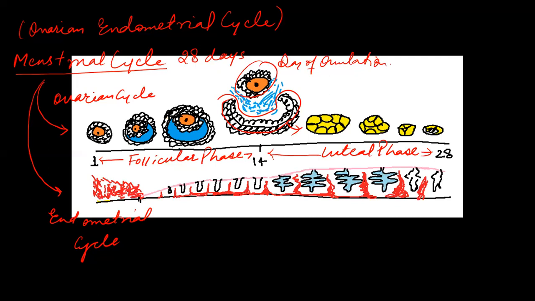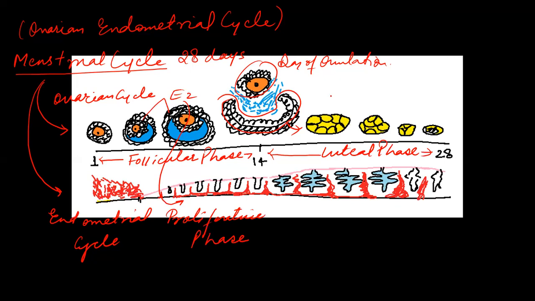During this follicular phase, the growing follicle releases the hormone estradiol, and this estradiol will go into circulation and reach the endometrium, and there will be growth or proliferation of the endometrium. So here there will be the proliferative phase.